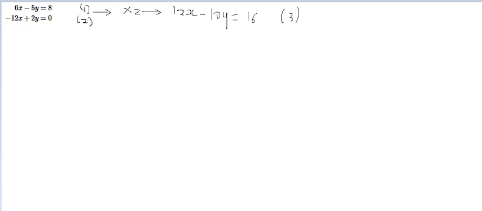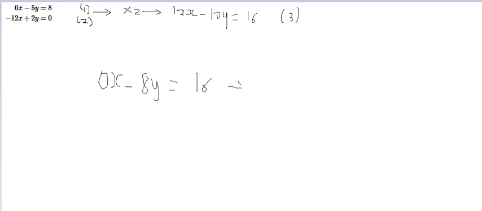So if we add 16 plus 0, we call the new equation 4: 12x plus minus 12x becomes 0x, minus 10y plus 2y becomes minus 8y, equals 16 plus 0, which gives 16.